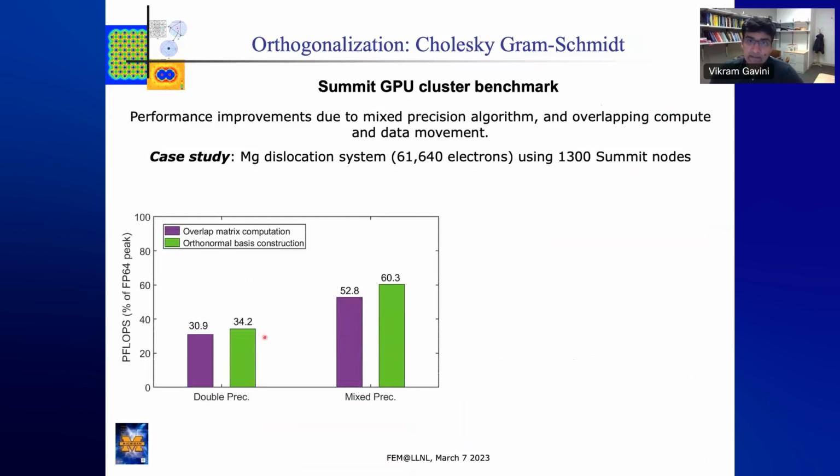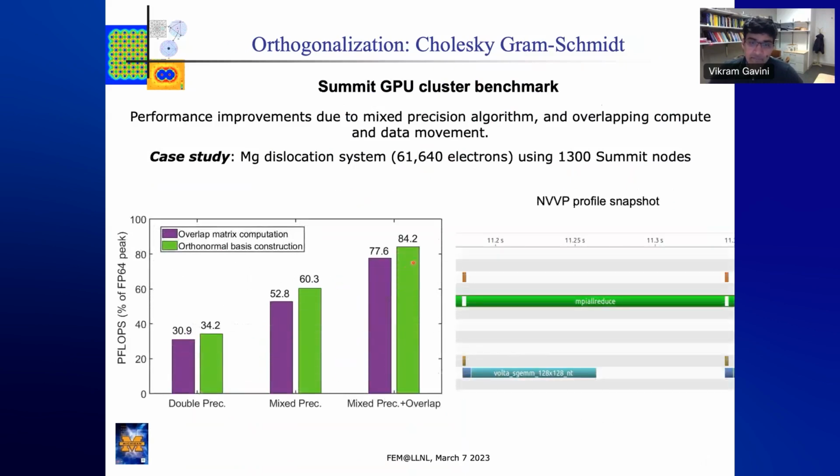If we were doing the evaluation of the Cholesky Gram-Schmidt procedure in double precision, that's the throughput performance that we get. If we go to mixed precision, that increases by almost 50% to twofold, and then we get another 50% boost if we overlap the mixed precision with the communication and compute.